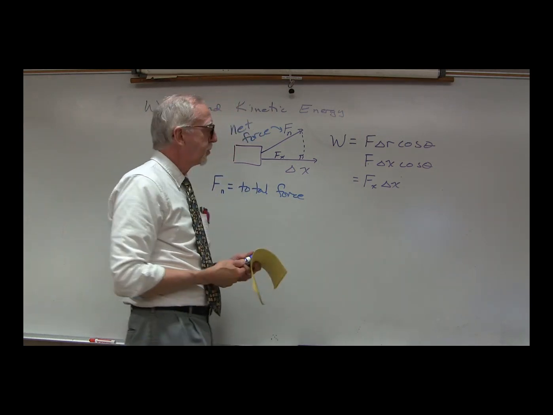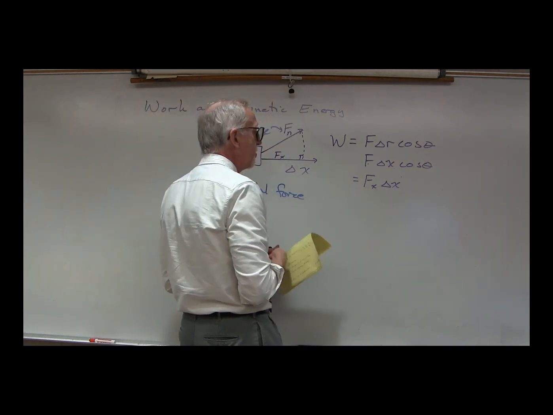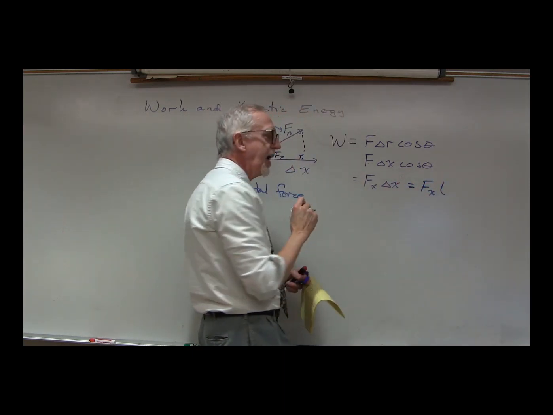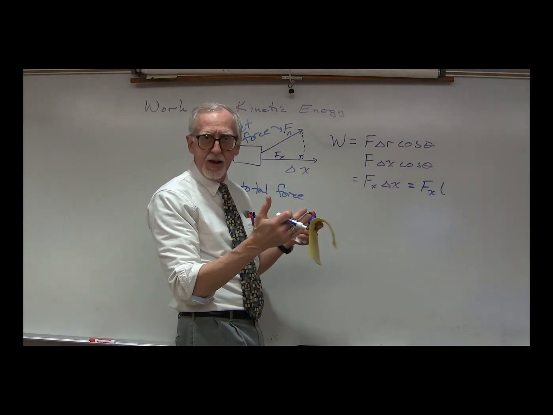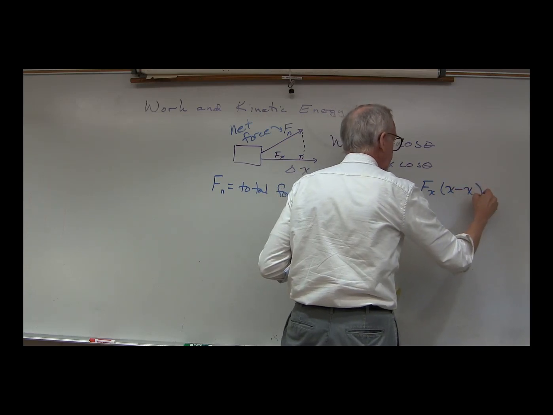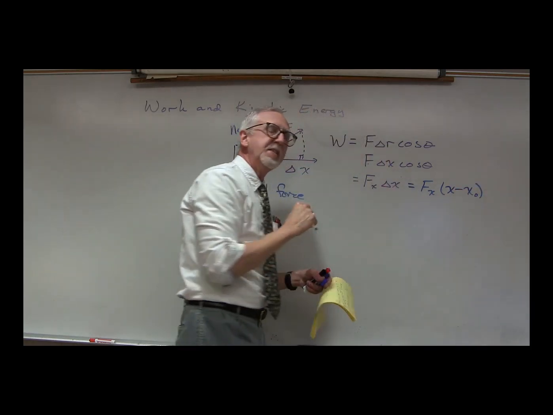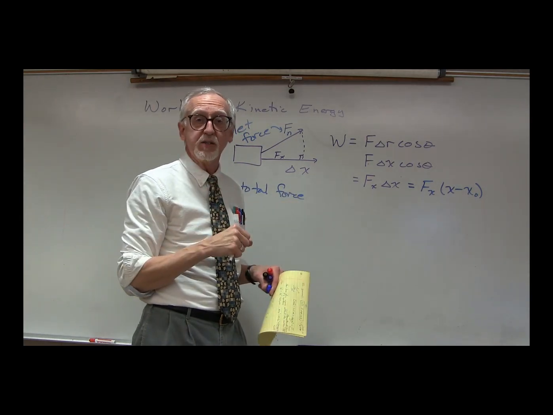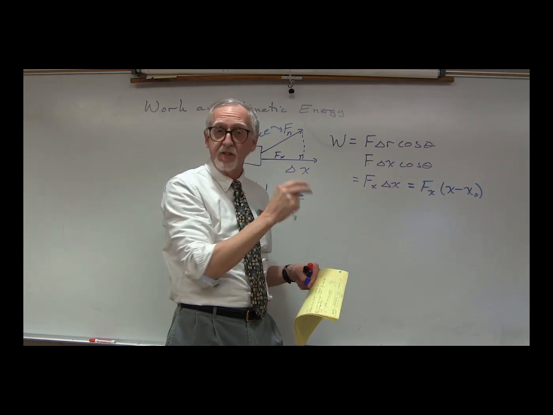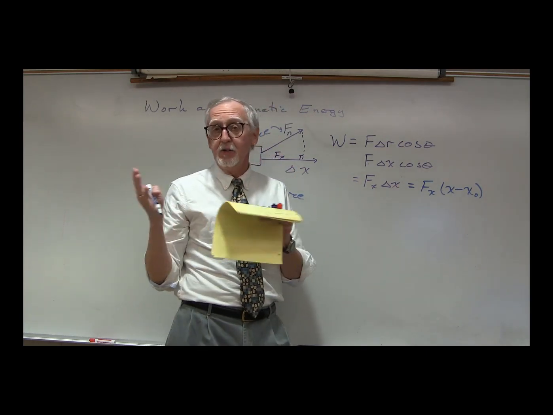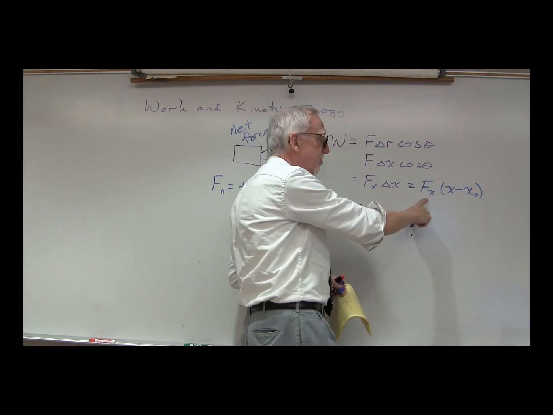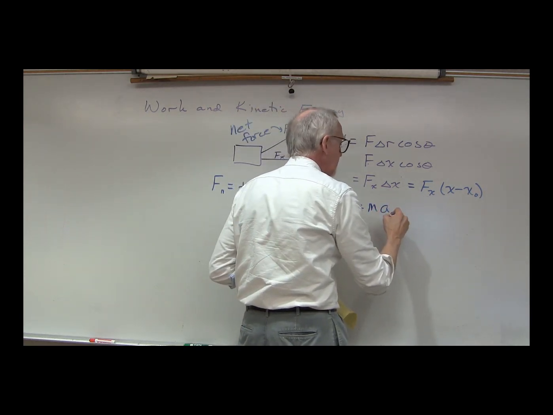What do we get in that case? Well, let's come down here, and I'm going to rewrite this as F sub x, and rather than delta x, I'm going to write this as a change in x, a final minus initial value, x minus x naught. Now, if this is the actual total force acting in the x direction, the component in the x direction, F sub x, we can apply Newton's second law, and we can write this as the net force in the x direction is the mass times the acceleration in the x direction.